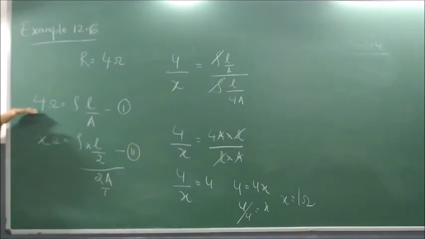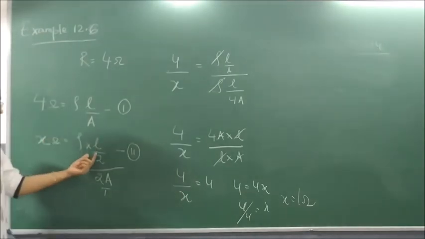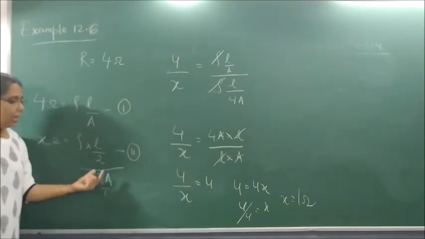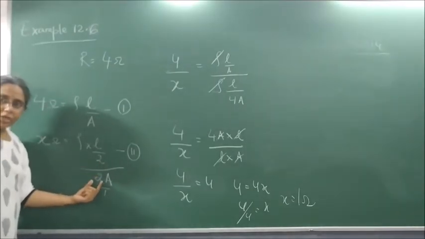First, I said 4 ohms is equal to rho L by A. It asks what will be the next resistance if the length of the wire is halved and its area is doubled. If the length of the wire is half, the length becomes L by 2. Area becomes 2A.